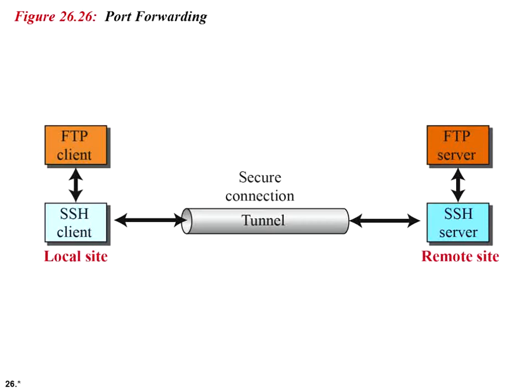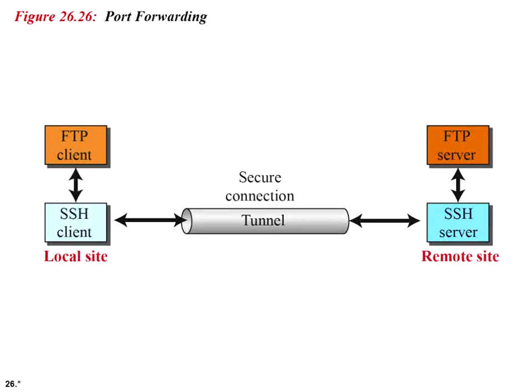Now this figure shows port forwarding. One of the interesting services provided by the SSH protocol is port forwarding. Here we can use the secure channels available in SSH to access an application program that does not provide security services. So applications such as Telnet and Simple Mail Transfer Protocol can use the services of the SSH port forwarding mechanism.